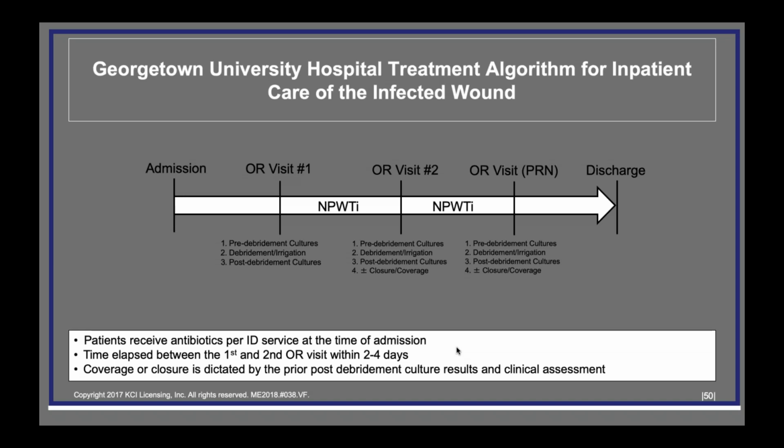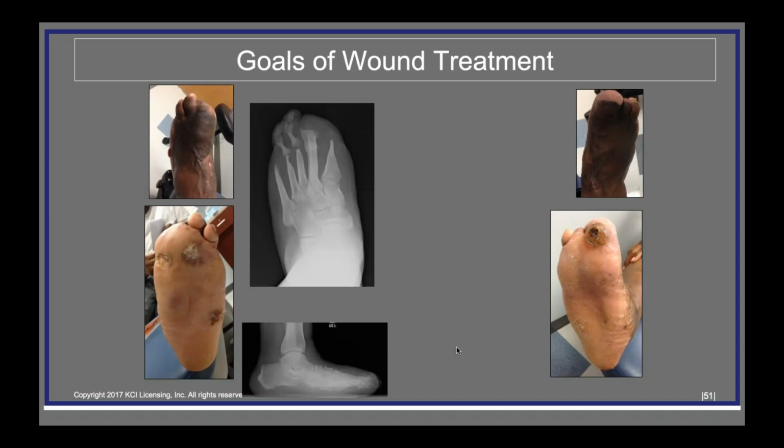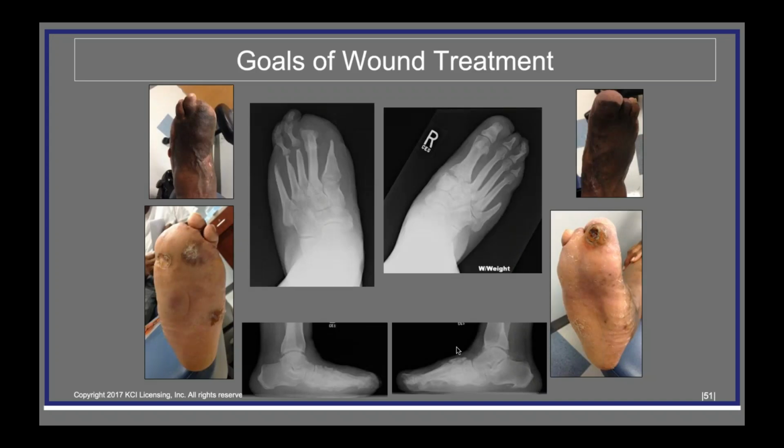Then the instillation was then lifted. We did this until we saw a couple things. One is, if the patient was infected, we wanted to make sure the bacterial bioburden was low and it was well perfused, and then we were able to close or cover these things. But in between, it was about wound bed preparation, and that's where instillation therapy really helped.